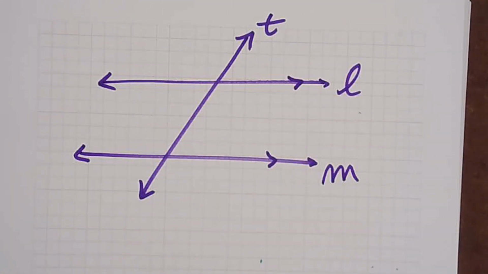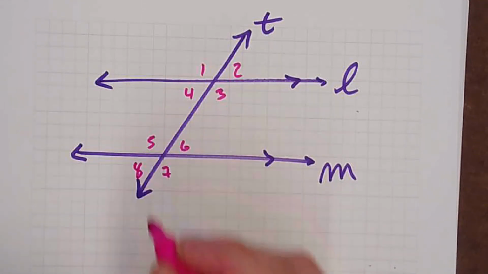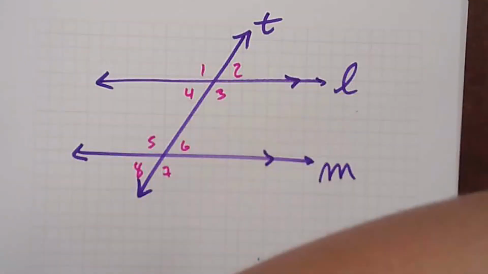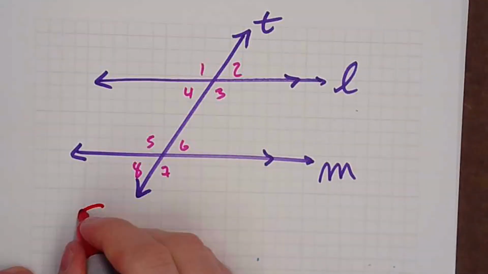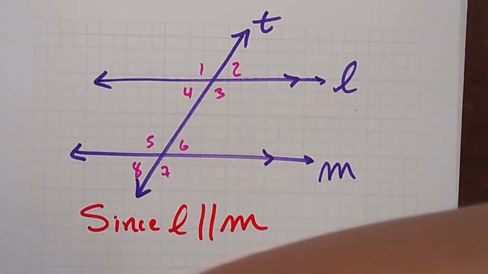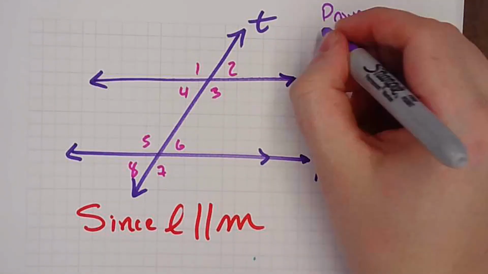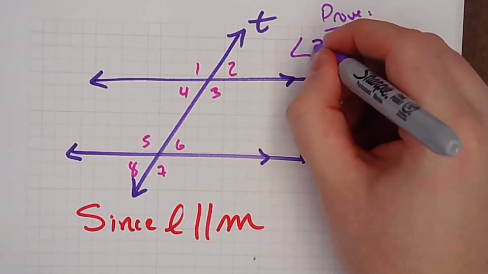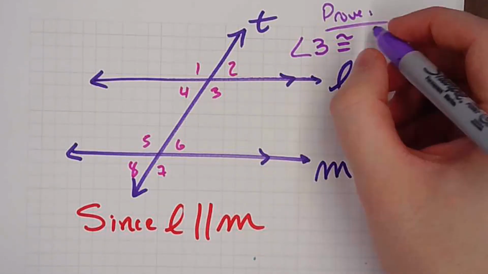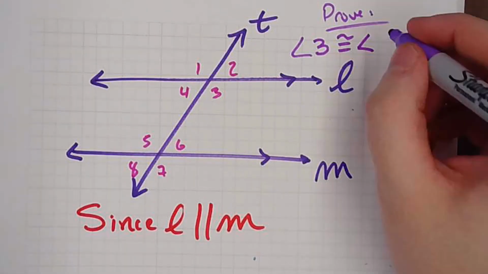That's what that extra little arrow thing there means. All right. So I gave you that the lines are parallel, since L is parallel to M. Here's what I want you to prove. I want you to prove angle 3 is congruent to angle, let's do angle 5.